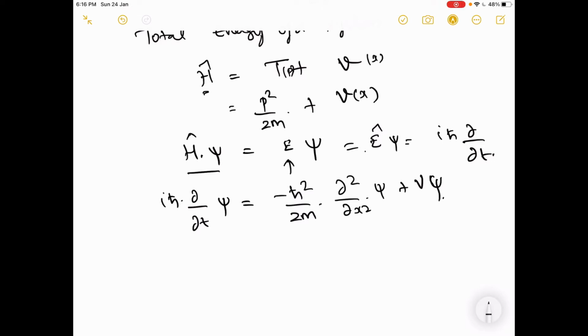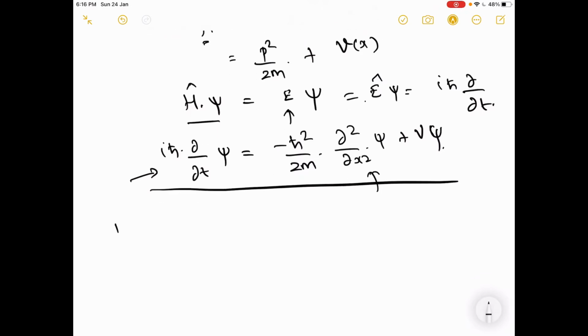So this Schrodinger's equation has some properties. It has only the first order differential in time and the second order differential in space, and both of them are linear, right? The differential operator is linear, first order and second order as well.